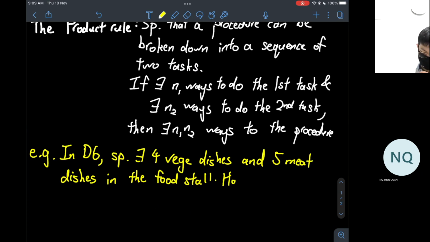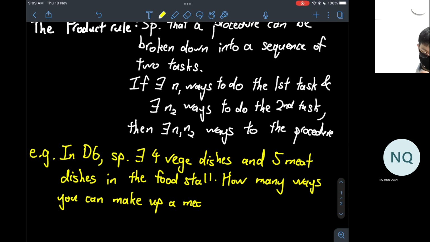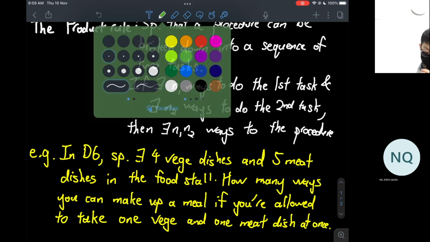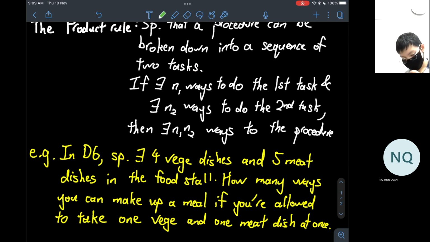The question is how many ways you can make a meal if you are allowed to take one veg and one meat at once.